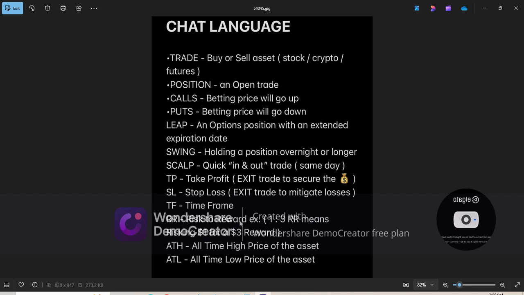RR is risk to reward. So, for example, you'll see during the call outs, for example, puts, TP such and such price, stop loss such and such price. Next to TP, it'll say RR. It'll say 1 to a certain number, right? Maybe 1 to 2, 1 to 3.